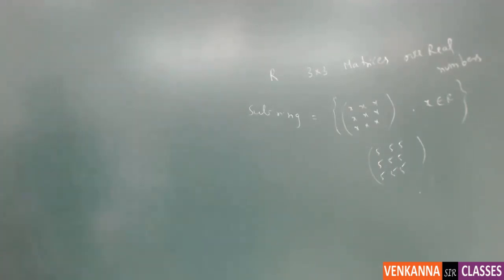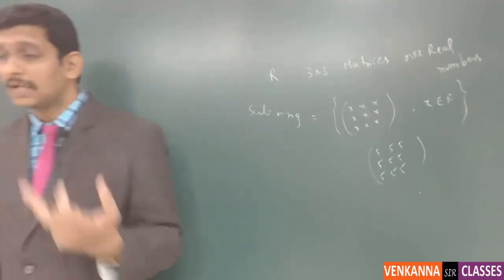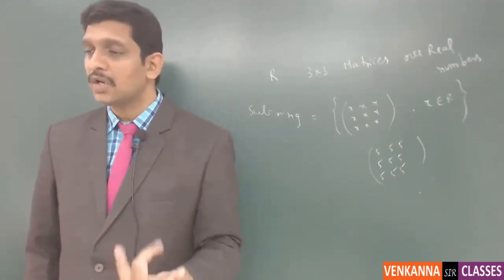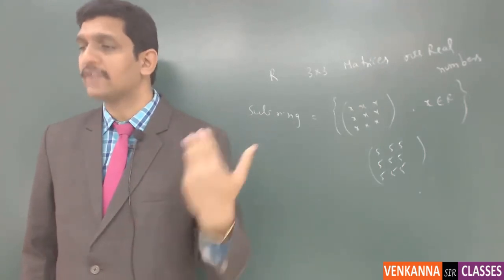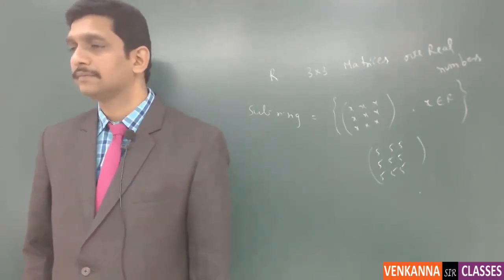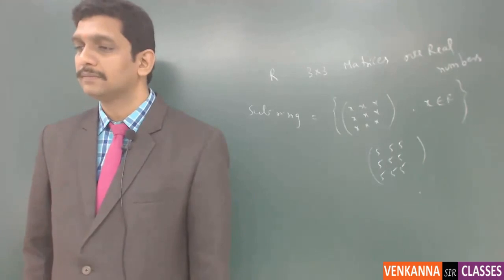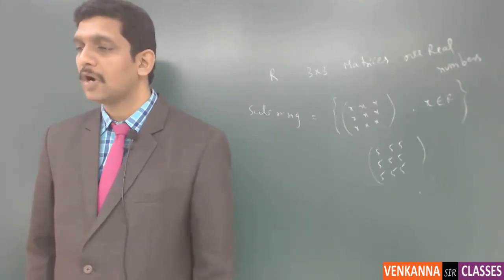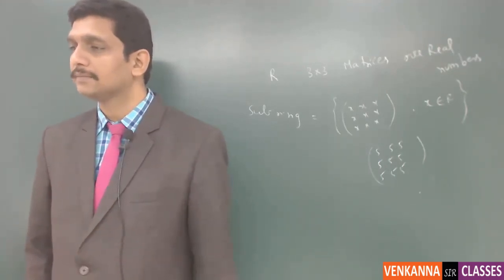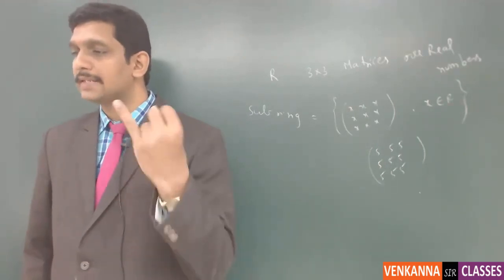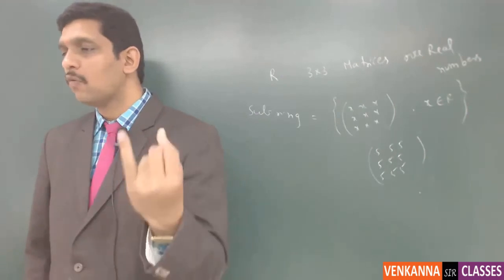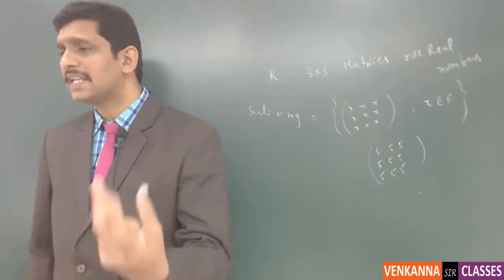In the previous classes also I have discussed it. So what are the necessary and sufficient conditions we can check on a subset so that it will become a subring? Can you recollect the idea? Yes, A minus B belongs to S, one condition. Is there any other condition we can say?